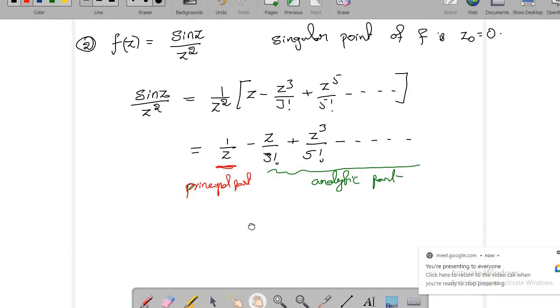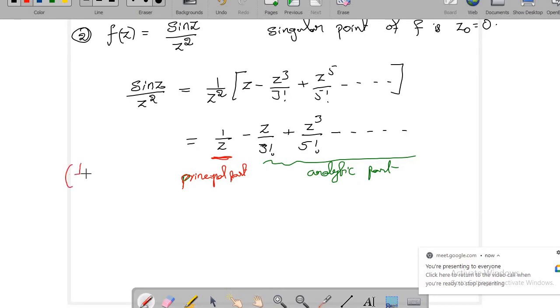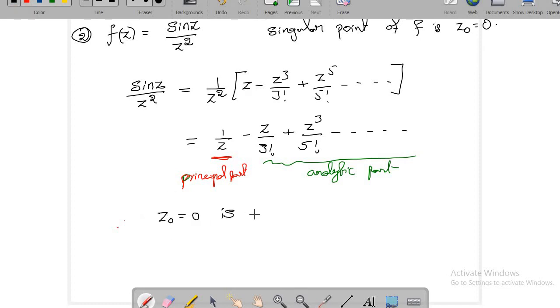So what is the highest power of 1 by Z in the principal part? Only 1, isn't it? This is the only term and its power is 1. Therefore the singularity is going to be a pole of order 1. Therefore, Z equal to 0 is a pole of order 1 for f of Z equal to sin Z by Z square.